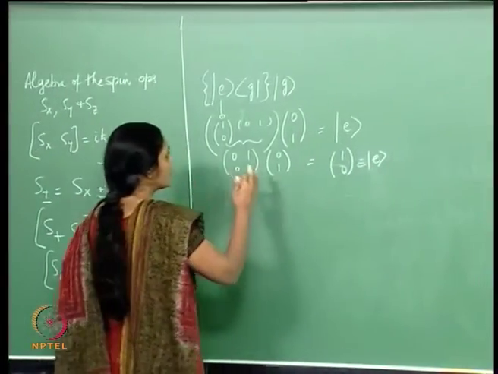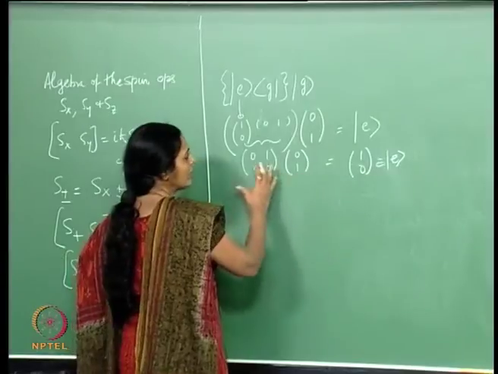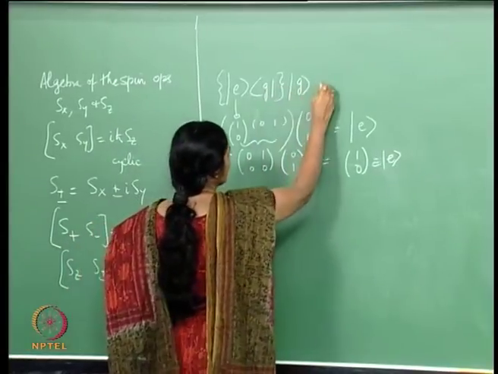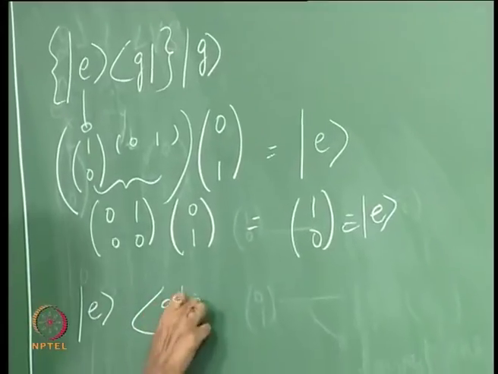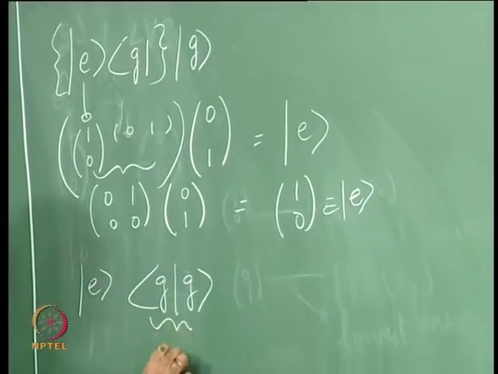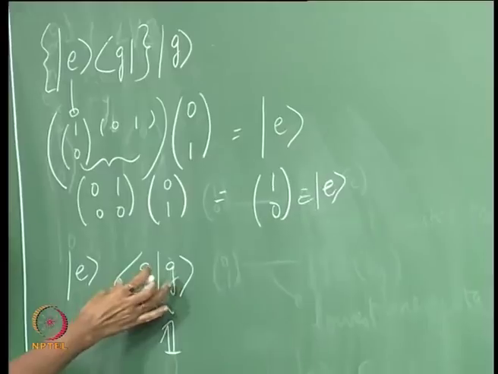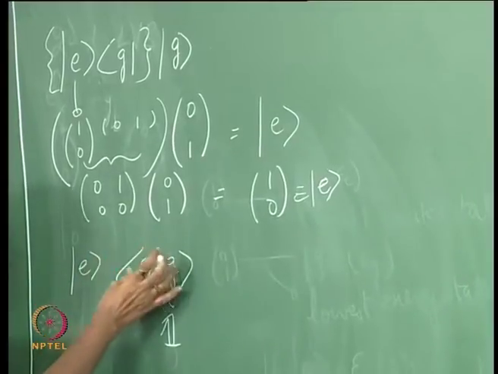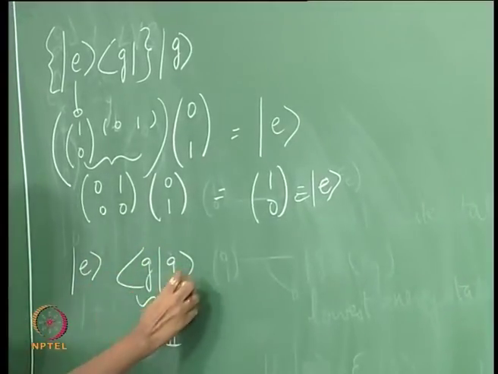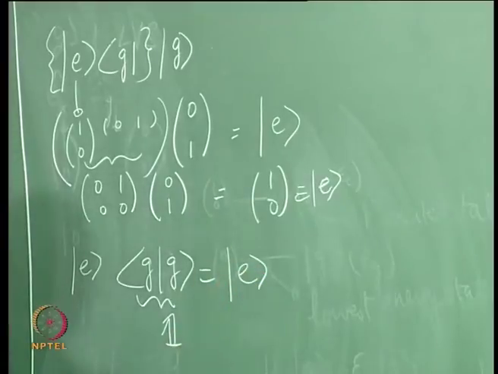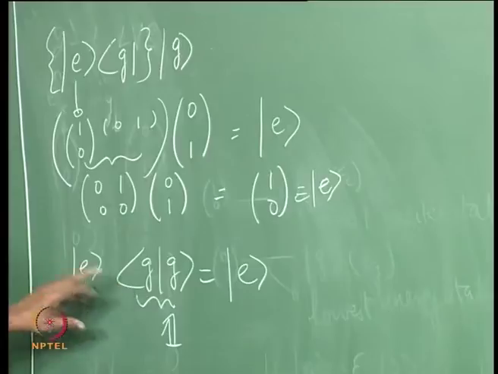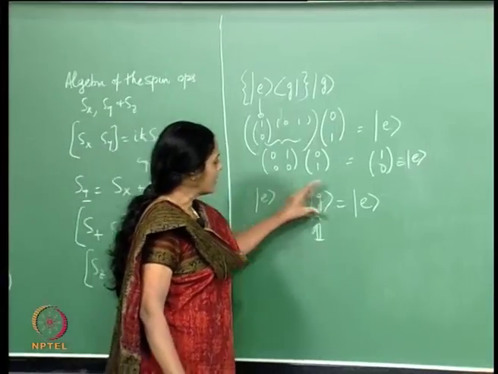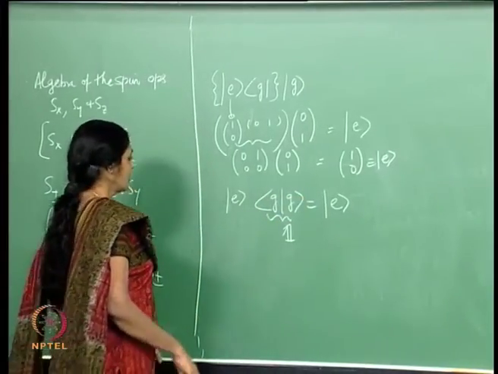I could have easily found this without writing out matrices by realizing that this object can be expanded using the fact that ket G is normalized to unity, and therefore I will have ket E. If we realize that this is simply the scalar product, that leaves behind the state ket E, and that's what it is.